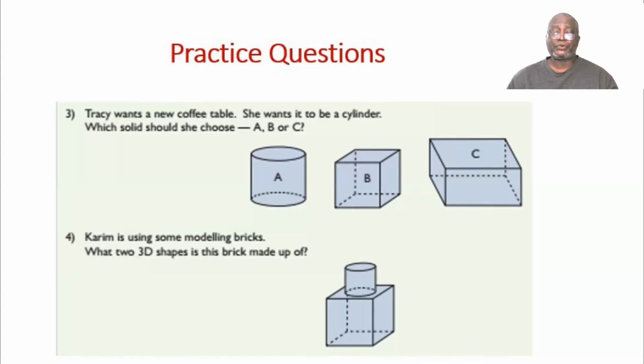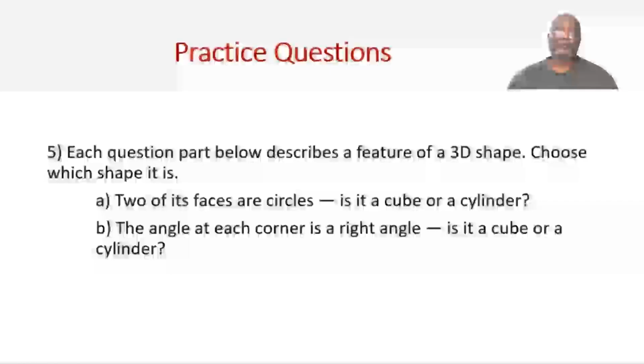When you progress to level 1, you will begin to calculate areas and volumes. Then you need to figure out how you can calculate the area of a shape like this one on question 4. Practice questions. Each question part below describes a feature of a 3D shape.